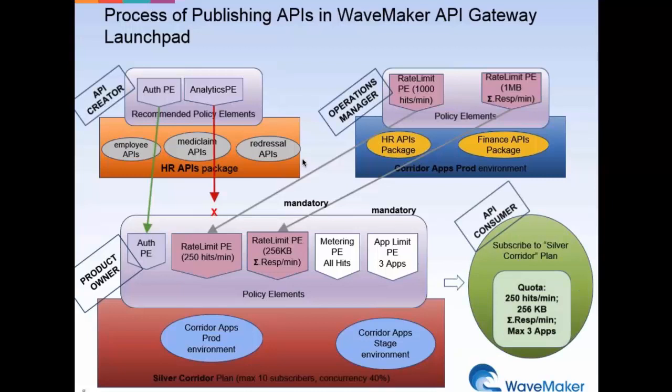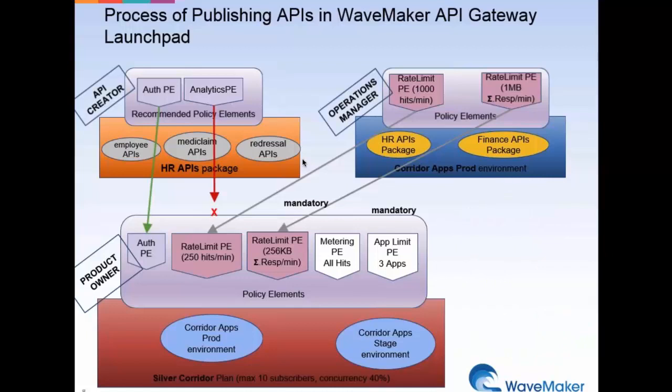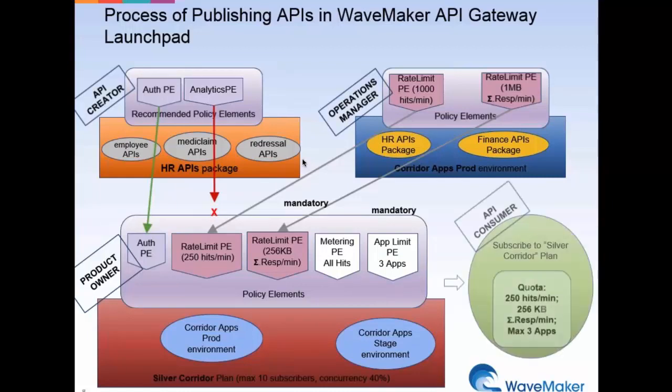Now the plan is ready, and then it gets exposed to the API consumer on the API portal. So until now, the API creator, the product owner, and the operations manager were involved with the WaveMaker API Gateway Launchpad. Whatever plans are created, once they are activated, they get exposed onto the API portal, where an API consumer can search for a plan.